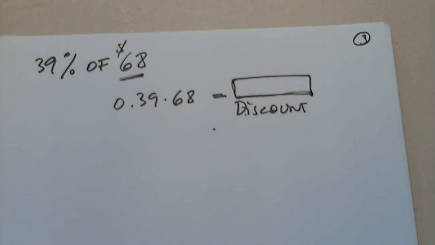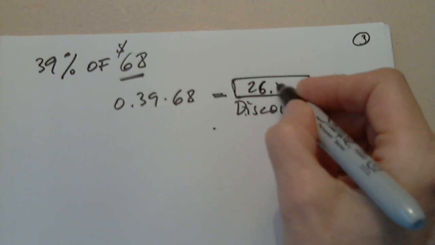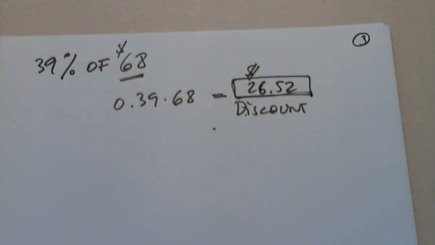So with the calculator, where is my button here? Okay. So we have 0.39, or 68 times 0.39. And that's 26.52. And this is the discount.